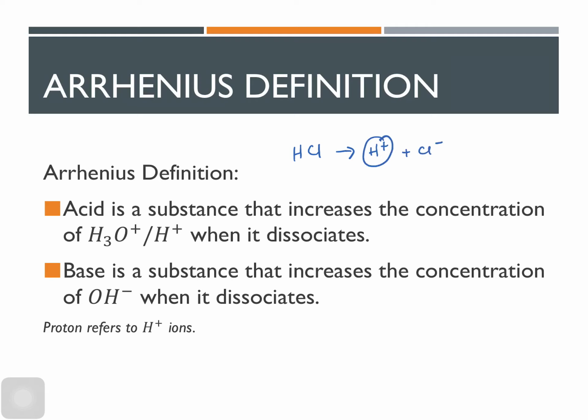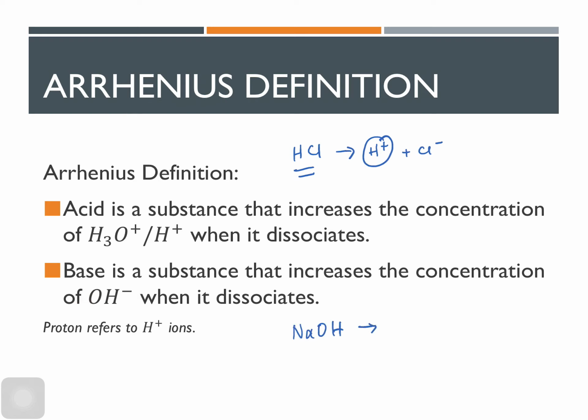For bases, on the other hand, Arrhenius defined bases as substances in which the concentration of hydroxide increases when it dissociates. For example, we have sodium hydroxide. When sodium hydroxide dissociates, it produces sodium ions and hydroxide ions.